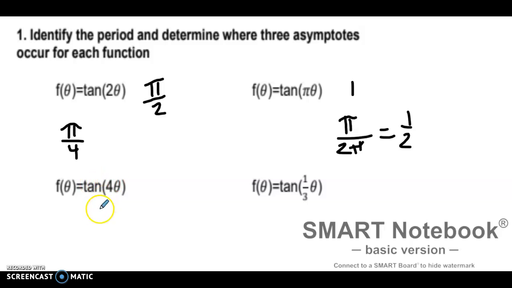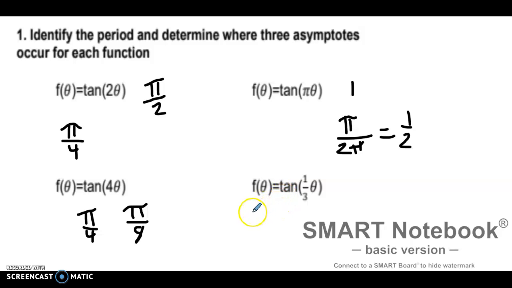Tangent of 4 theta. So this time the period would be pi divided by 4. So that's where every pi fourths, there would be a new cycle, a new period. And then the asymptotes would be pi over 8. You kind of see a pattern here, right?